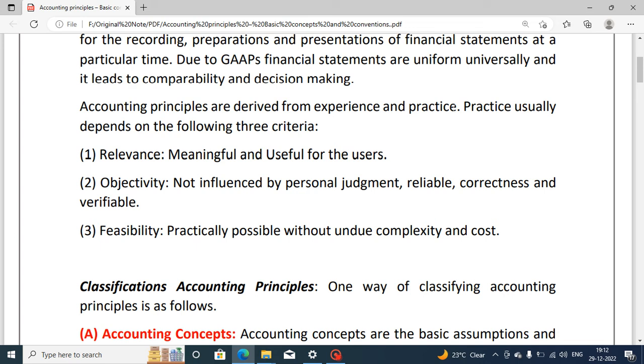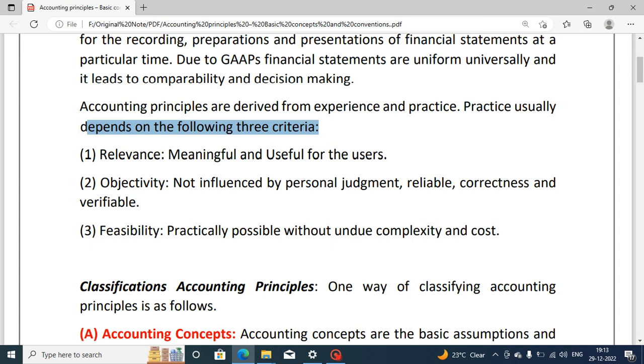It is very scientific because we can do an experiment and prove it. But the principles of accounting are man-made, based on social science, and developed from years of experience and practice of accounting professionals. These are not made by nature, and they cannot be experimented on or proved in a lab. So practice usually depends on the following three criteria.